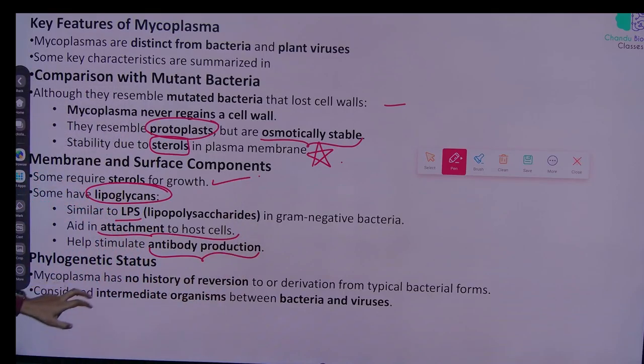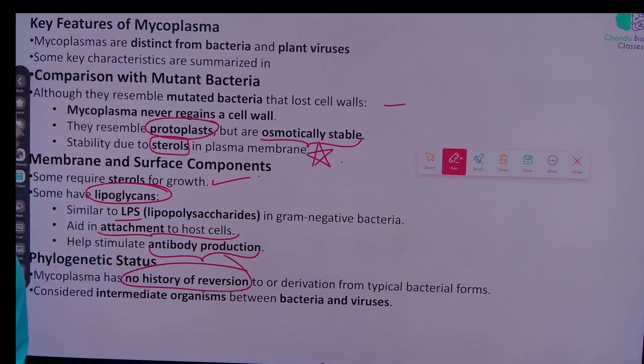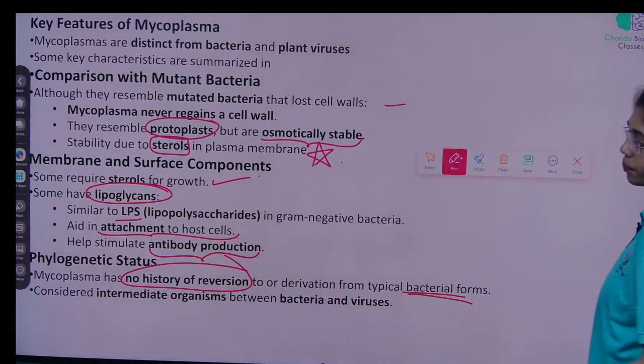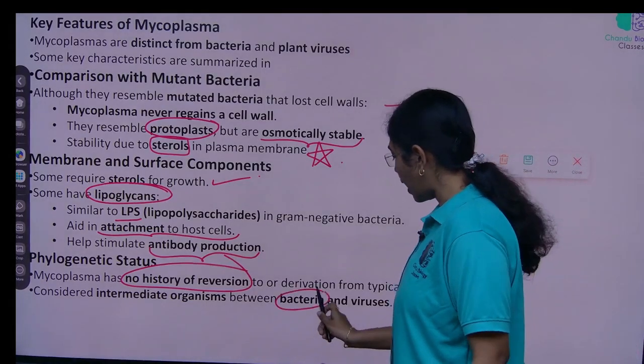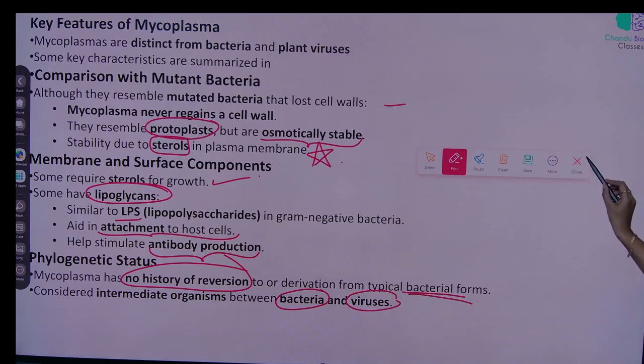Phylogenetic status: Mycoplasma has no history of reversion or derivation from typical bacterial forms. They are considered intermediate organisms between bacteria and viruses. These are the key features of Mycoplasma.